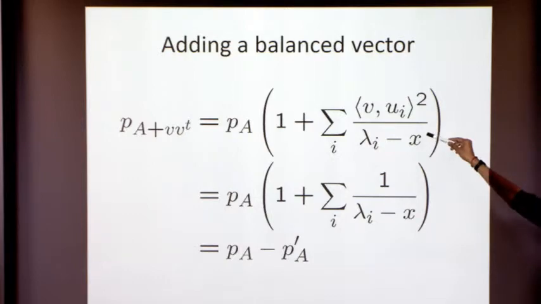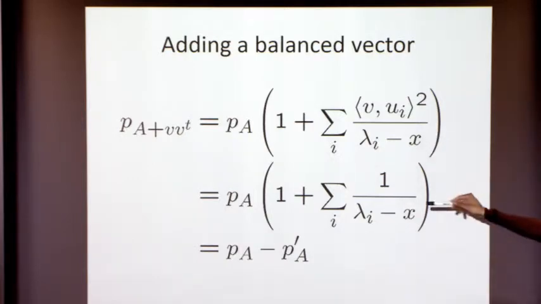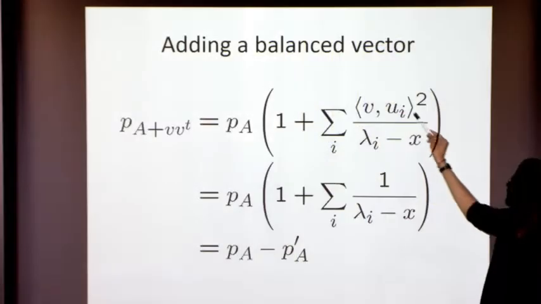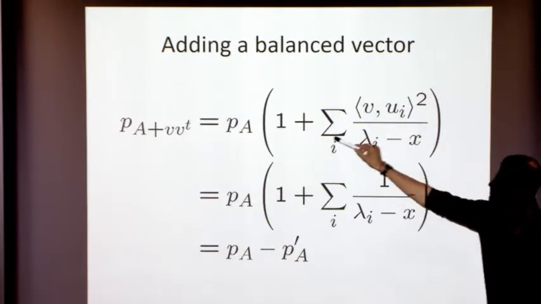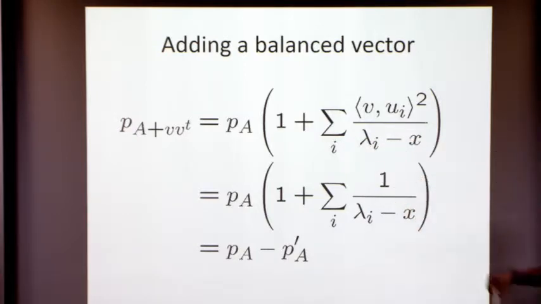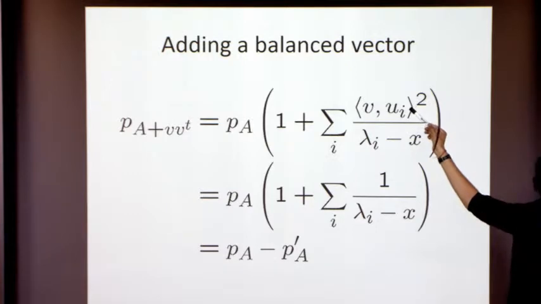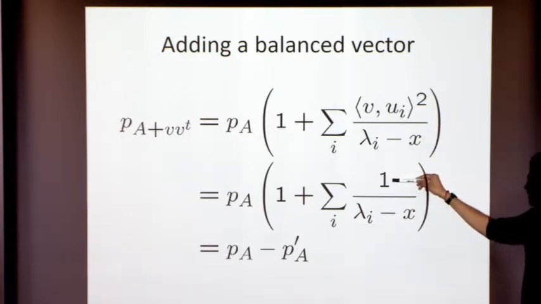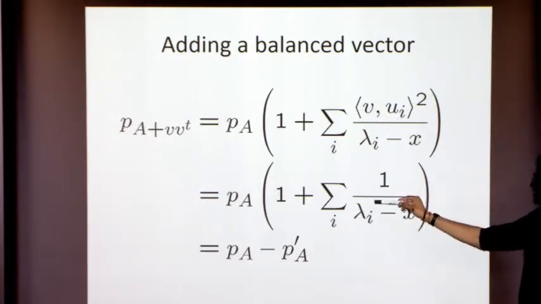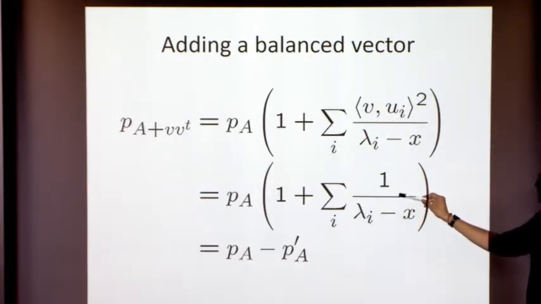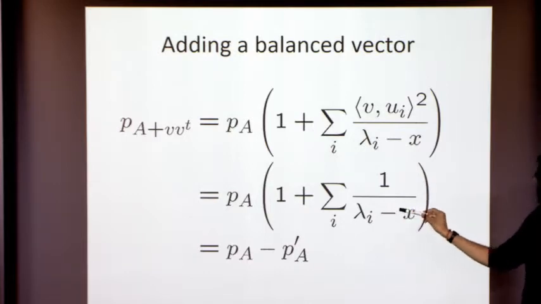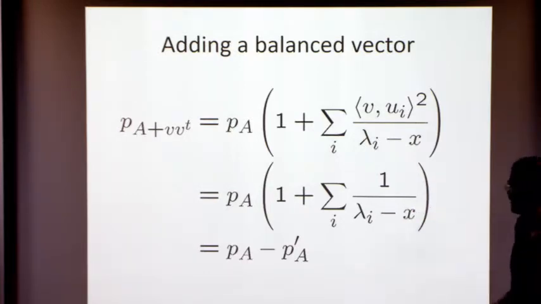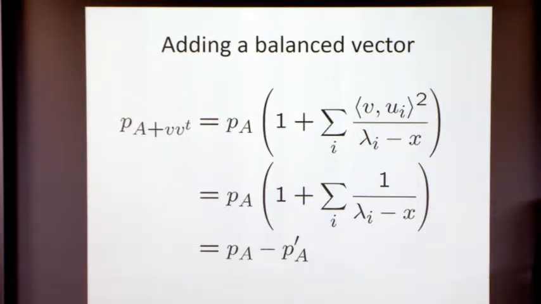So this is the formula that I wrote here, or there. The new characteristic polynomial is the old one times, x minus lambda x, this should be minus. But now all these inner products are the same. Let's say they're all equal to 1. So then all these just become 1s. So this becomes P of A minus P of A times the sum of 1 over x minus lambda x. But now remember that P of A is a polynomial with roots at lambda x.